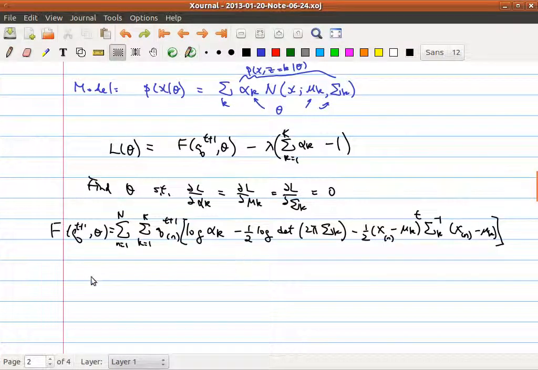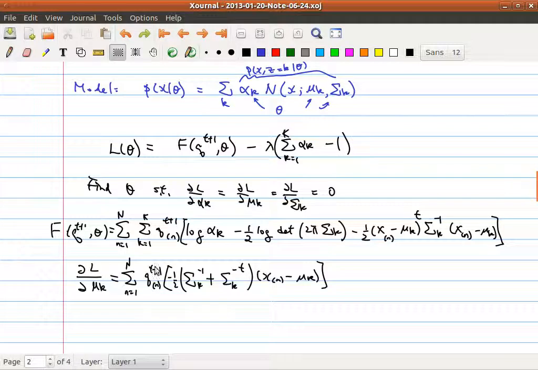And then let's say we try to take the partial derivative of this L with respect to mu k here. Okay, the second term here does not depend on mu k, so it will become 0. So we only need to care about the partial derivative of f with respect to mu k. And the only term that has mu k here is the third term. The first and second terms don't have mu k.